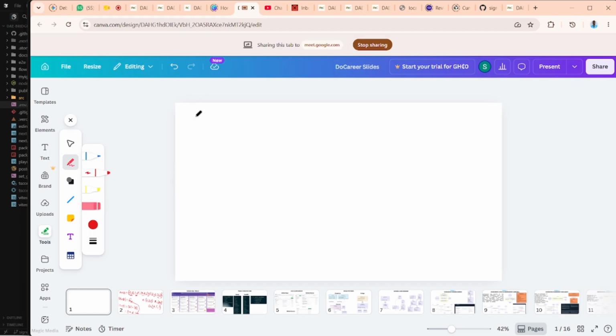We have the universal set equal to 1, 2, 3 up to 10, normal up to 10. Then we got A to be 1, 4, 7, and 10.